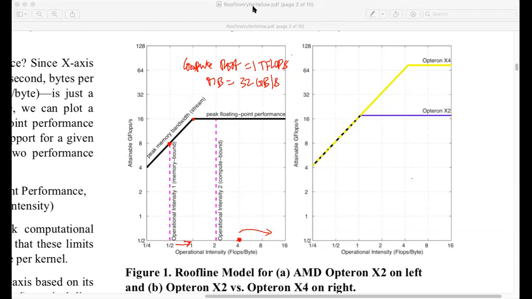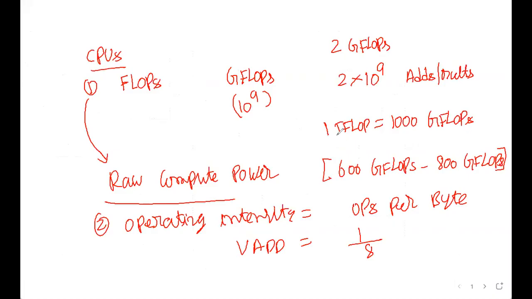Sir, how do we compute the slope of this peak memory bandwidth stream? So it would depend on where it would intersect with that horizontal line of the peak, right? Yeah, so let's try to work out this number. You should help me. I just cooked up the whole thing.